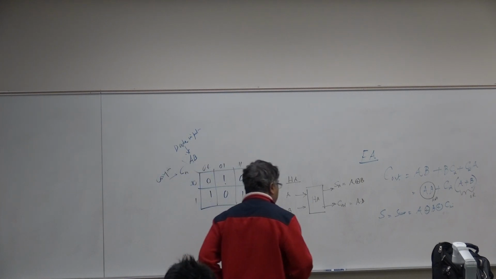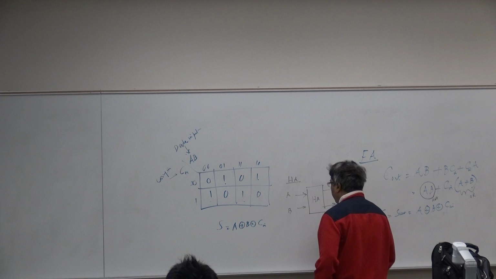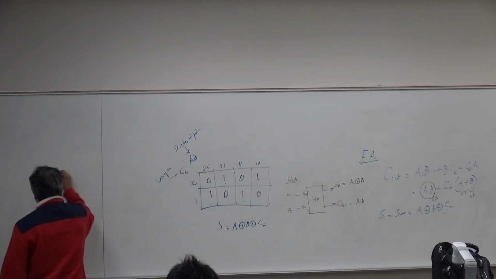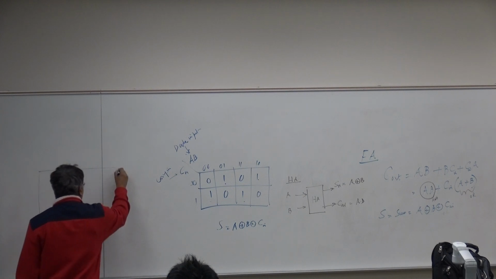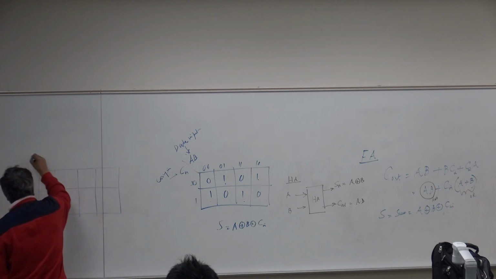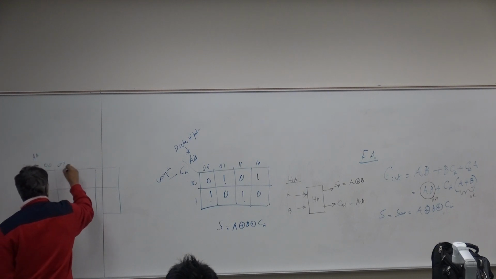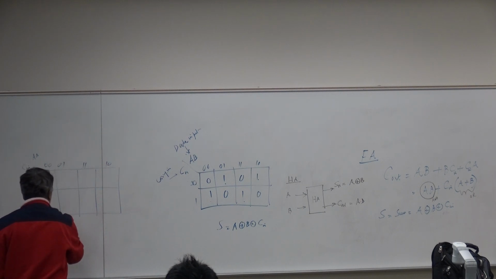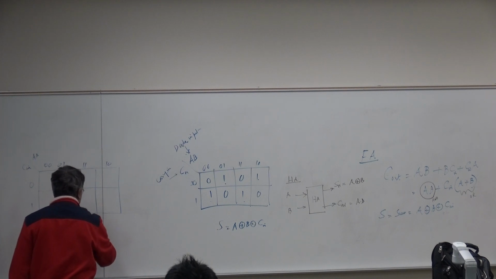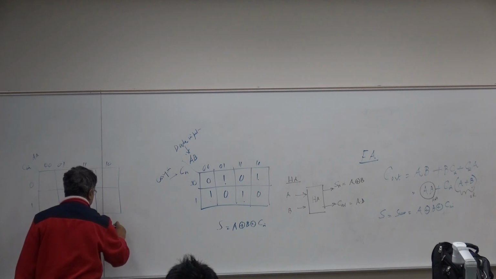But before that, let us also draw the map for carry out, which is AB plus C in times (A plus B).